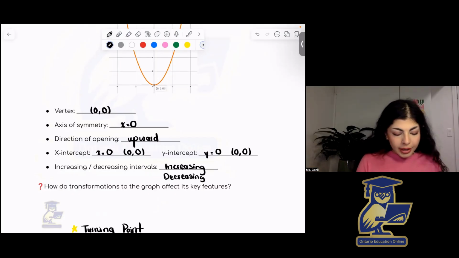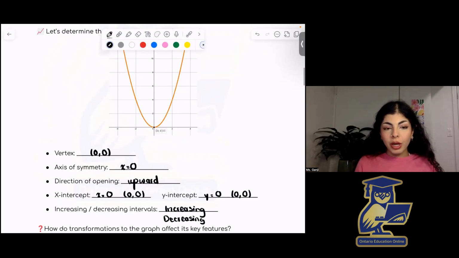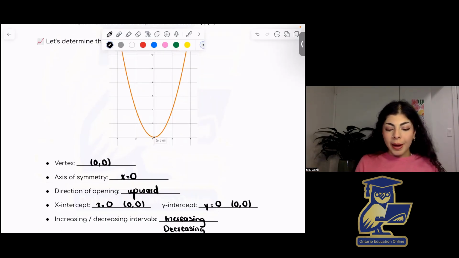Now we have a new concept, which is increasing and decreasing intervals. So you've seen it before, but we haven't really used it as much when we were interpreting quadratic graphs. So we're going to see it today. But it's pretty much we're looking at our graph and seeing for what values our graph is decreasing and for which values it is increasing.